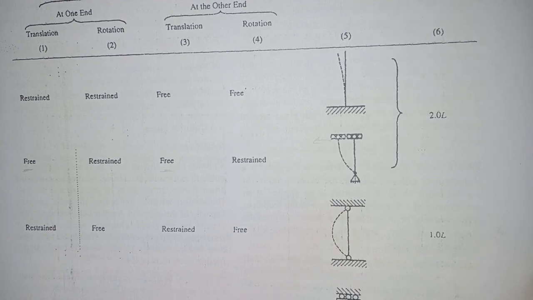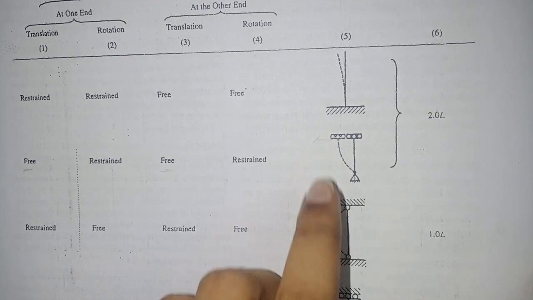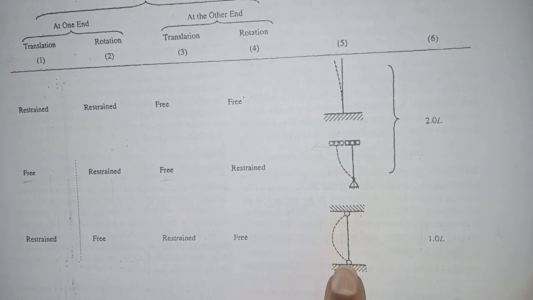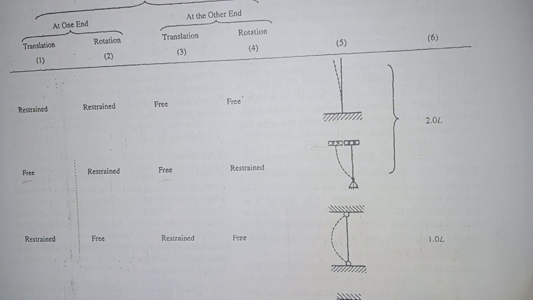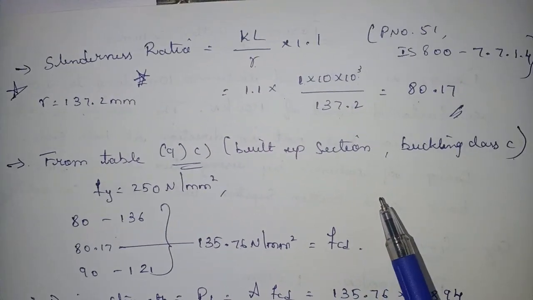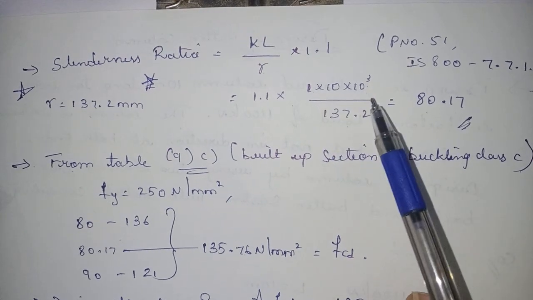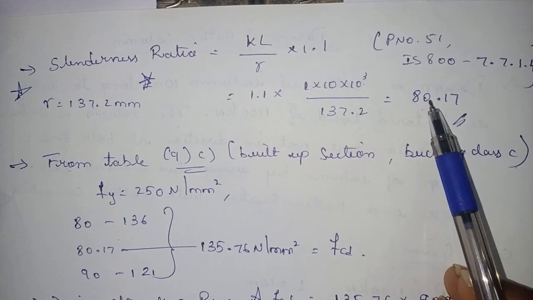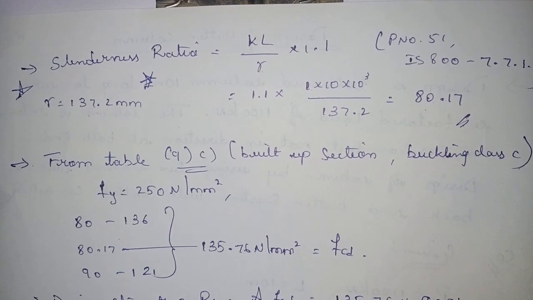Round indicates hinge. This is roller. This is free end. Got it? So this is a hinge. So 1 times of L. So 1 times of L will remain same, L divided by r maximum, you need to take it here. That will be equal to 80.17.